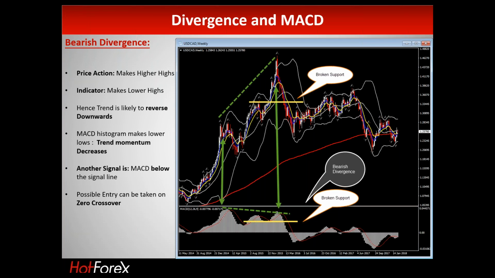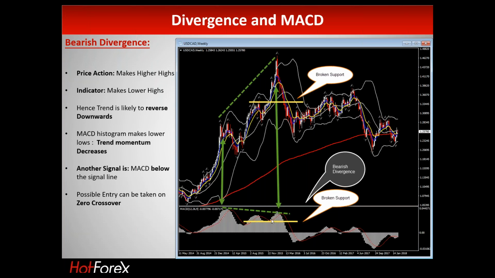What we have to check first, as we said, is the prices. So indeed, my currency is making higher highs, right? Price action makes higher highs. However, I have noticed that my MACD is making lower highs.